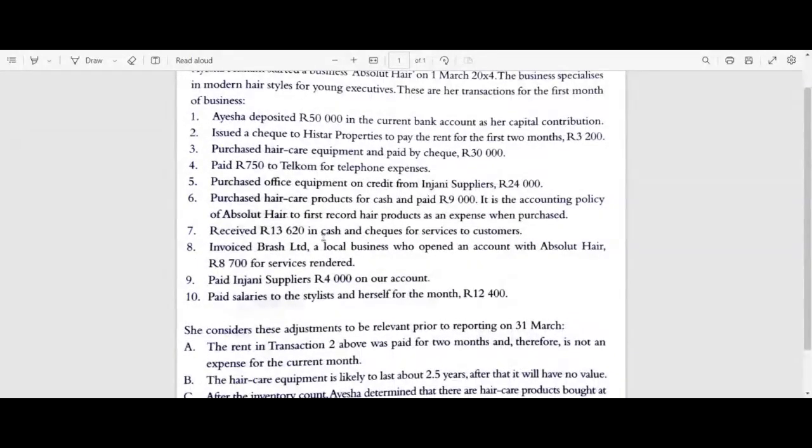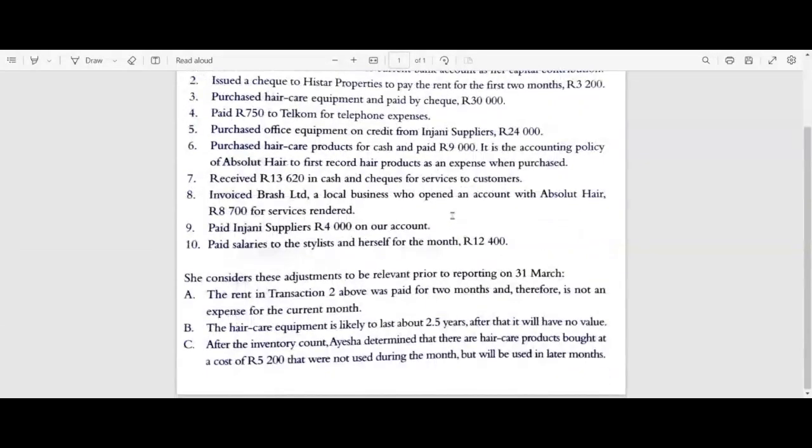So let us first see how much hair care products we bought. We bought hair care products for 9,000 rands, and our policy was to debit the hair care products expense account. But not all of those products were used. In fact, the value of 5,200 of those hair care products were not used.